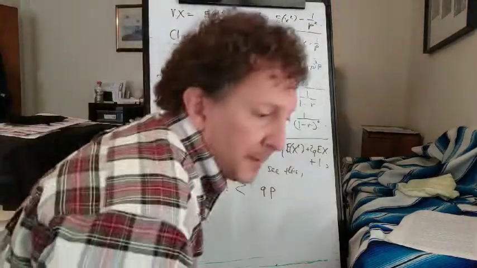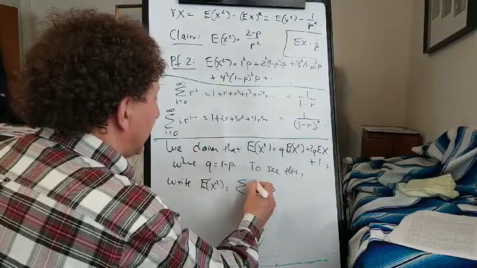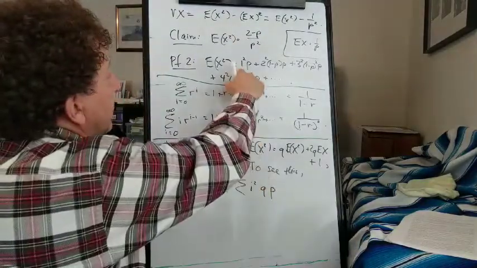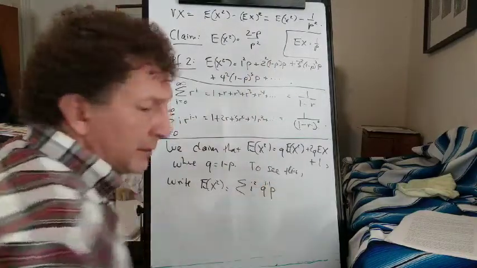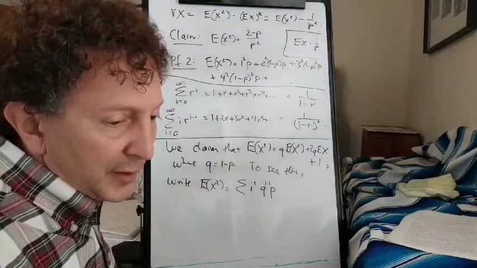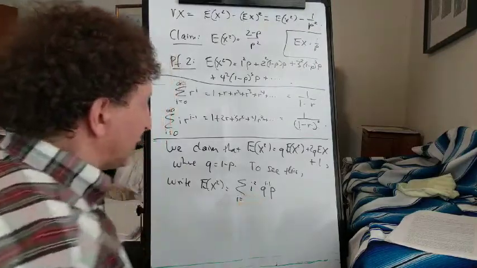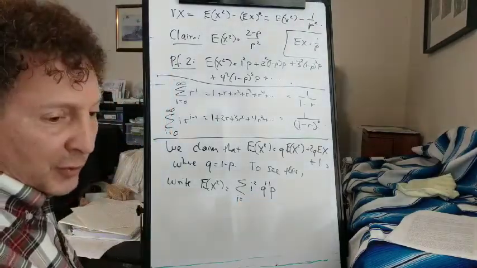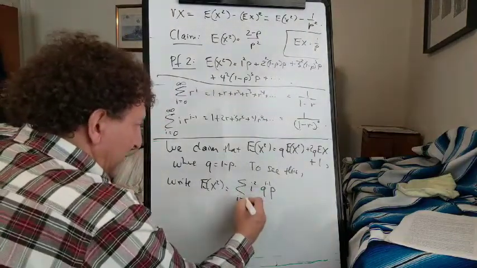So if we have i squared, then the power of q is going to be 1 less than that, i minus 1. So we have a sum of i squared q to the i minus 1 times p, as i goes from 0 to infinity or 1 to infinity. It doesn't matter because the 0th term would be 0.